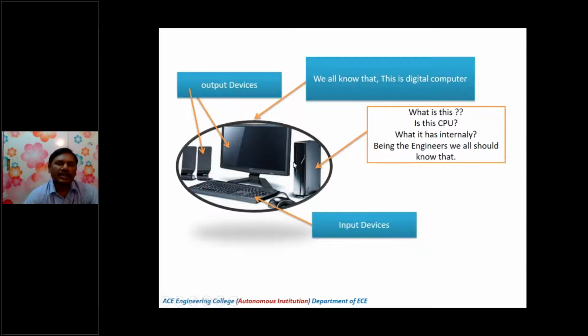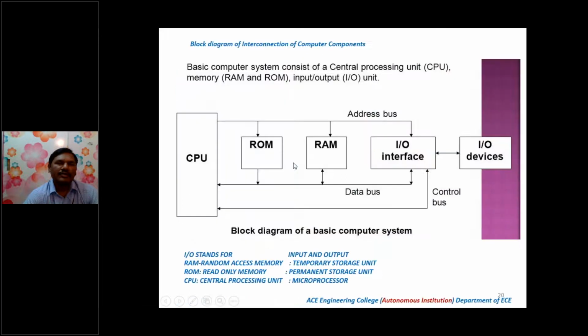And this CPU bonnet internally has the motherboard, and this is the interconnection of computer components. See how RAM, IO interfaces, and all are connected to the CPU to perform many tasks through the address bus, data bus, and control bus.